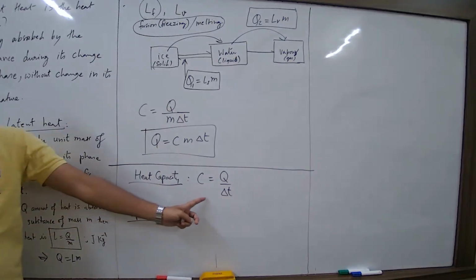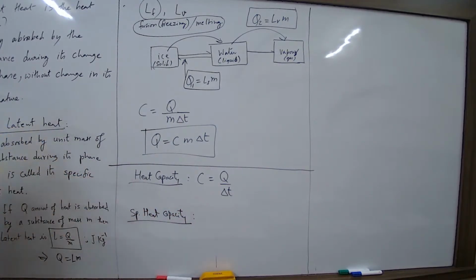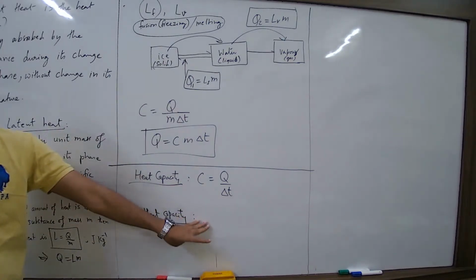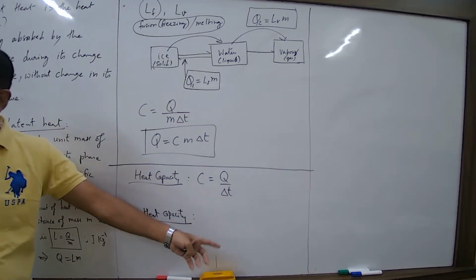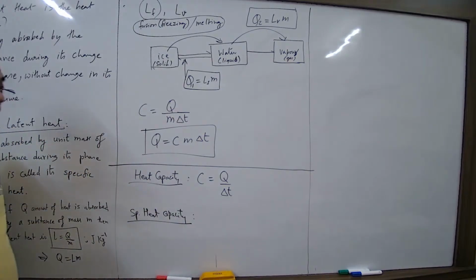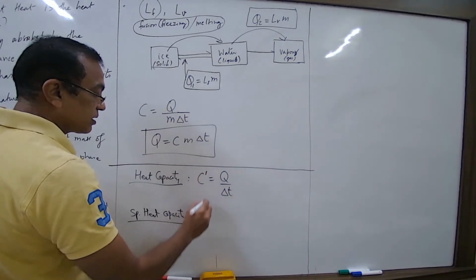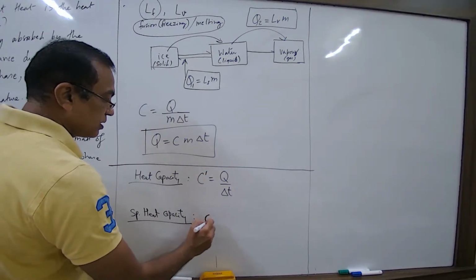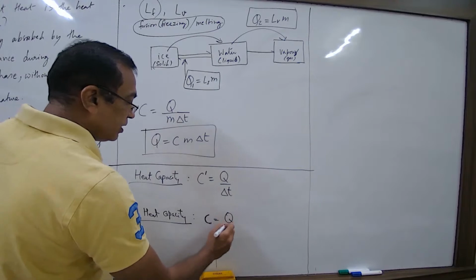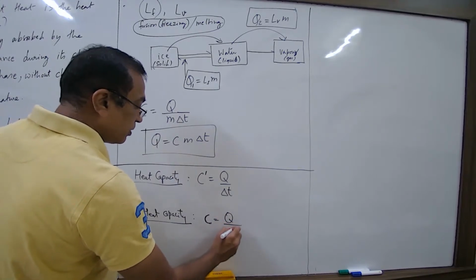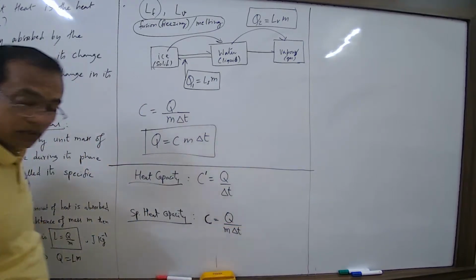Now I am fixing the mass. So specific heat capacity is the amount of heat absorbed by unit mass of the substance to raise its temperature by unit degree, right? So this is C dash. So this C is then defined as heat absorbed per unit mass for unit rise in temperature.